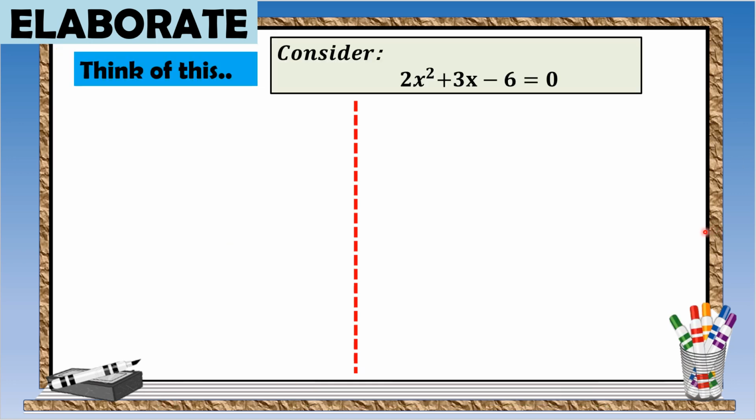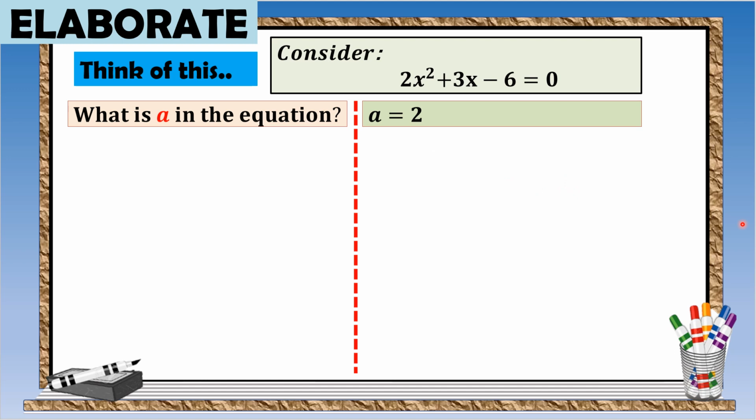Okay, so let's think of this. Consider the equation 2x squared plus 3x minus 6 equals 0. What is a in the equation? Since this is already written in standard form, you can easily identify the values of a, b, and c. So a in this equation is positive 2.